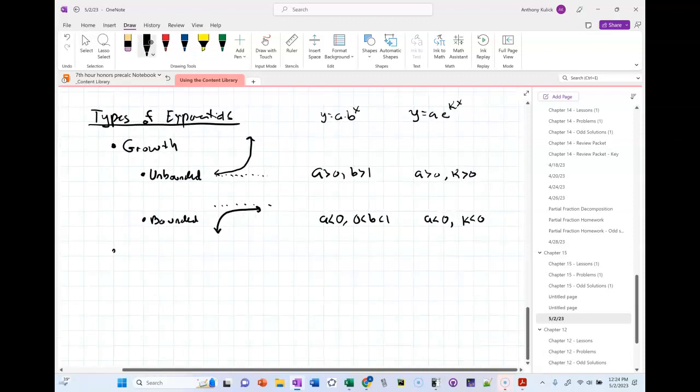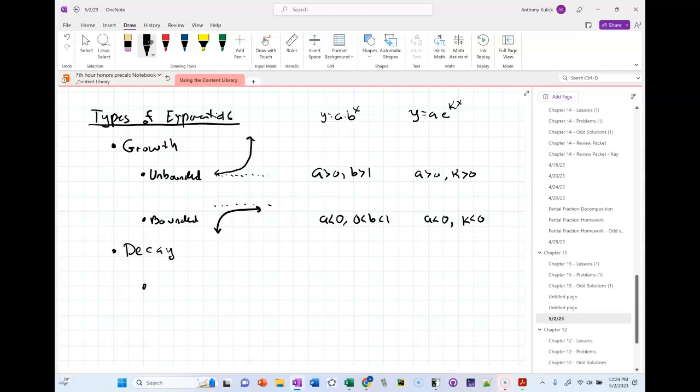The other type of exponential we call decays. And again, we can have bounded decay and we have unbounded decay. If it's bounded, it means that we're heading down to an asymptote. So that's like a minimum value. If we're unbounded, we're heading down still, but this time we're operating underneath the asymptote. So you can get as low as you want.